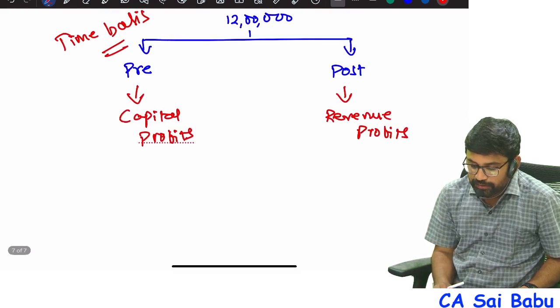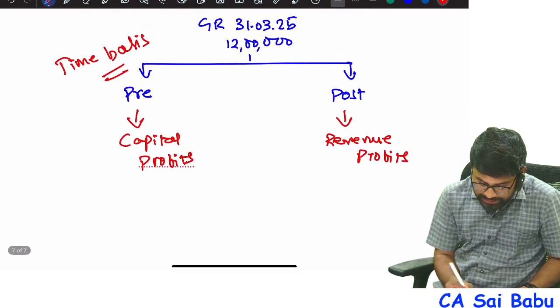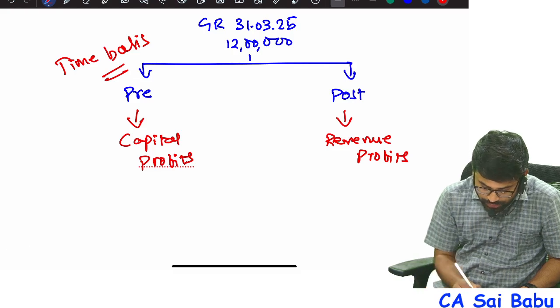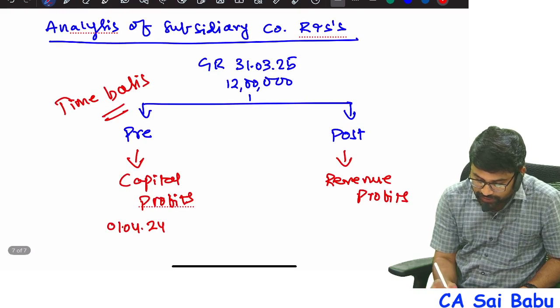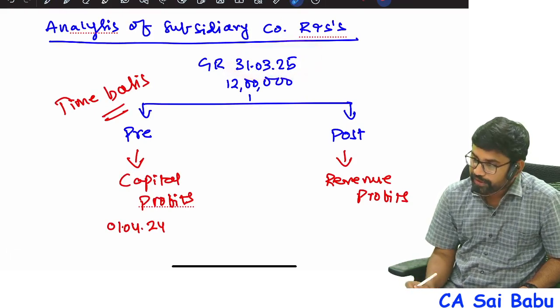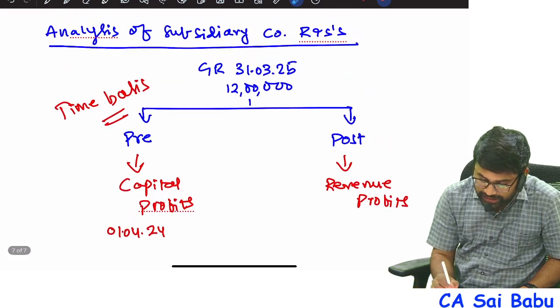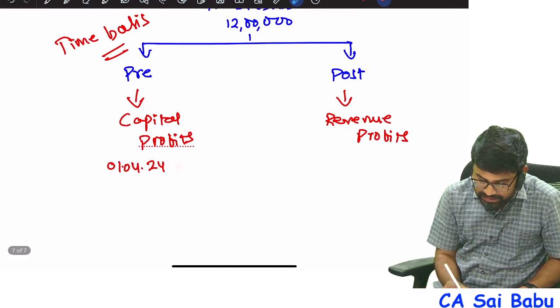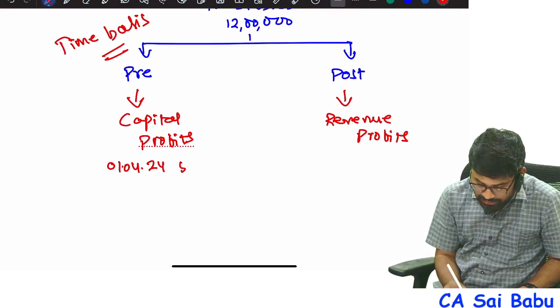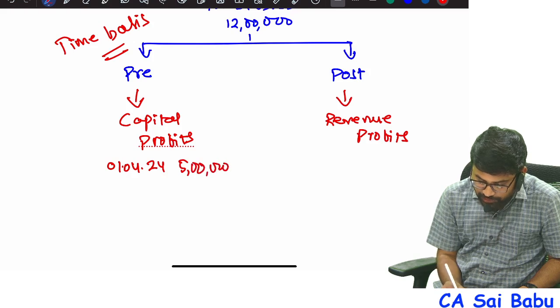For example, 12 lakhs. You acquired the subsidiary on 1/4/2024. Date of consolidation is 31st March 25. So at the end, general reserve is 12 lakhs. And the opening balance is suppose 5 lakhs. That means 5 lakhs is which profits?